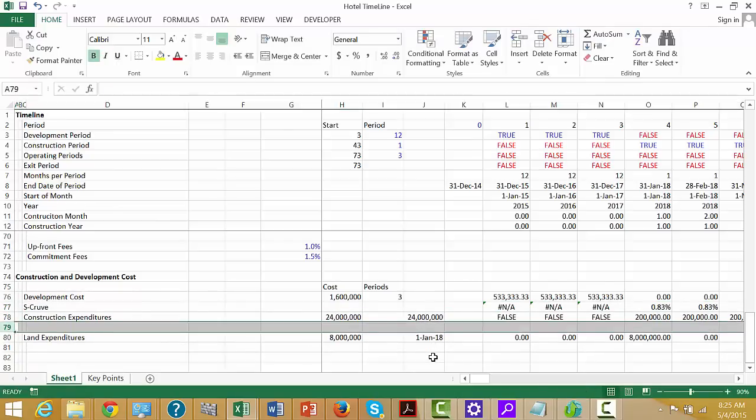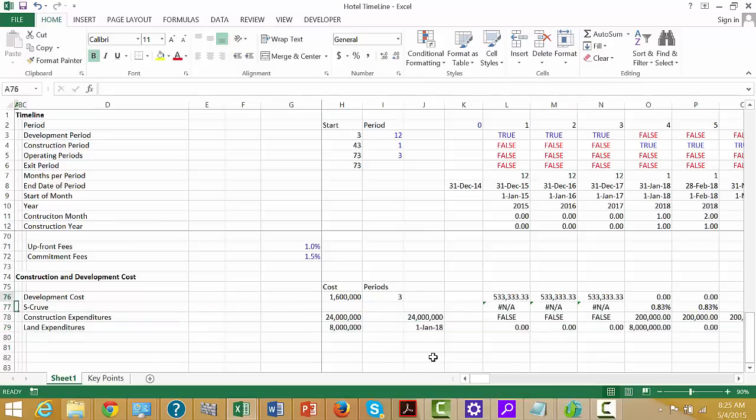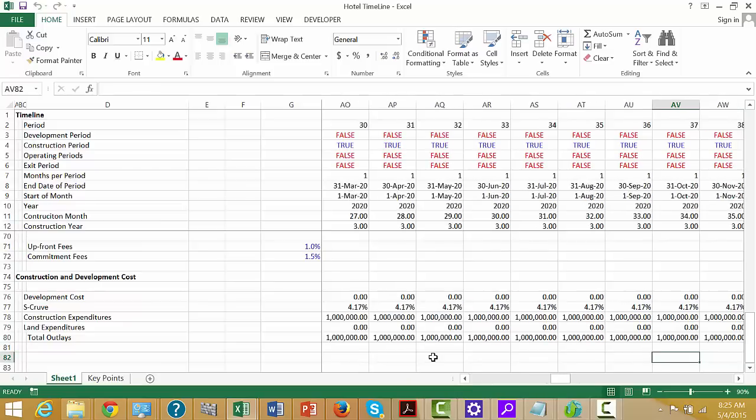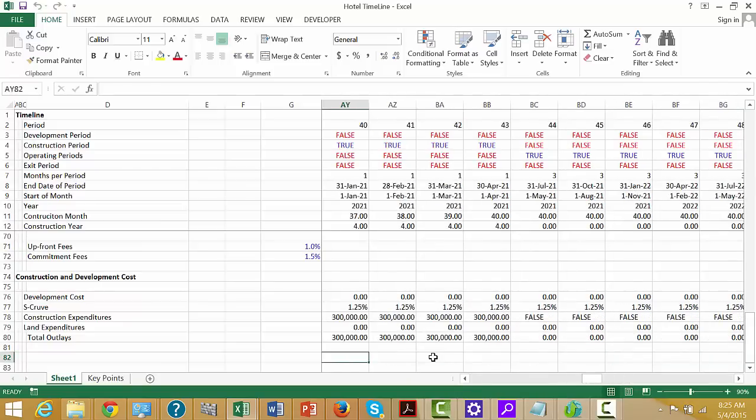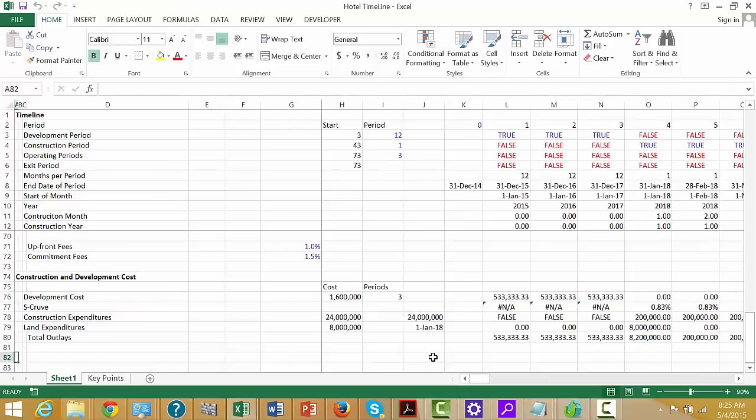Suppose if you wanted to put total construction expenses, total outlays, we could take the development costs plus the construction plus this. Okay, so that's how much we spend, and we've got our spending patterns go up and down.